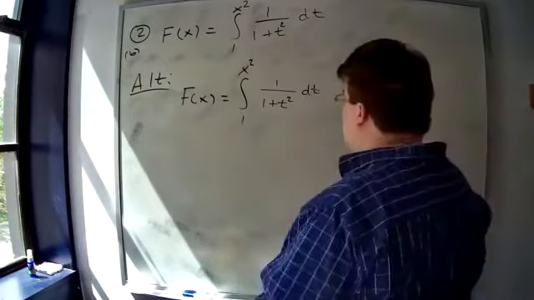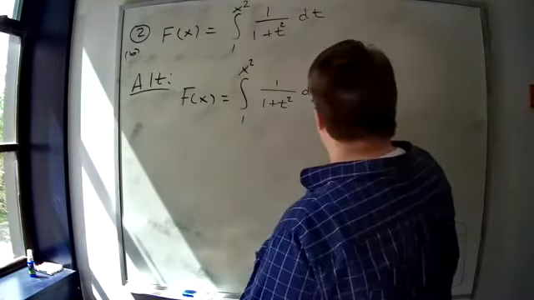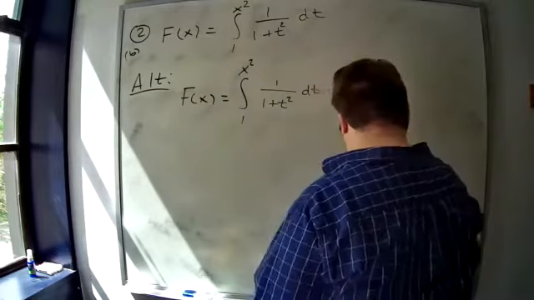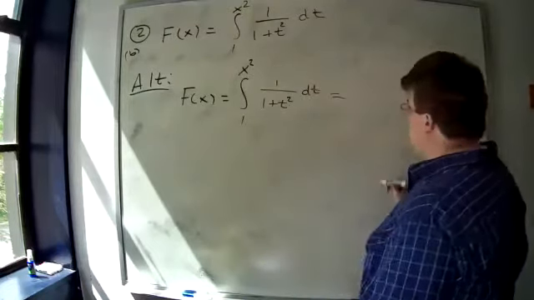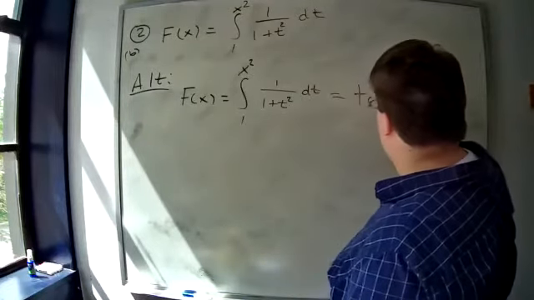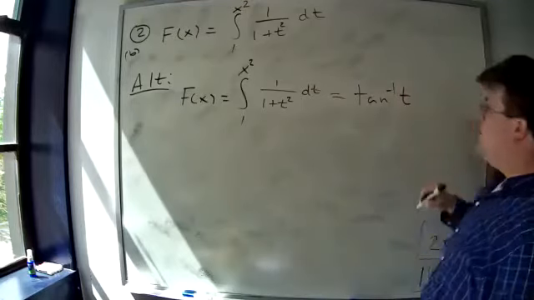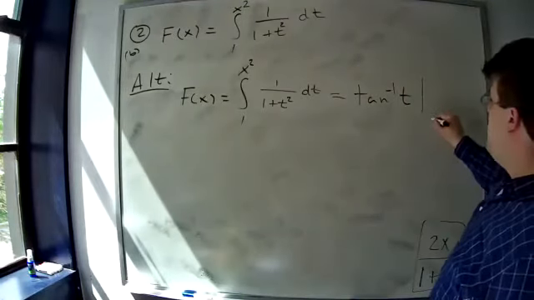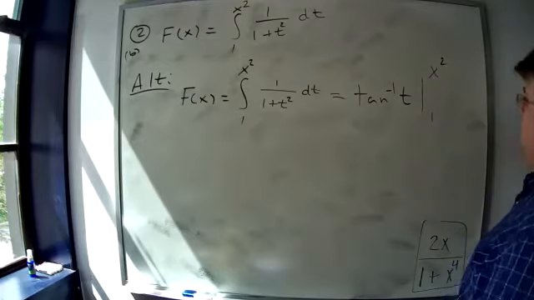The derivative of inverse tangent t is 1 over 1 plus t squared. By the second part, I want that to be not my variable t, but that t. Inverse tangent of t from 1 to x squared.